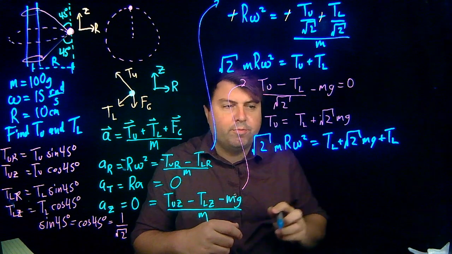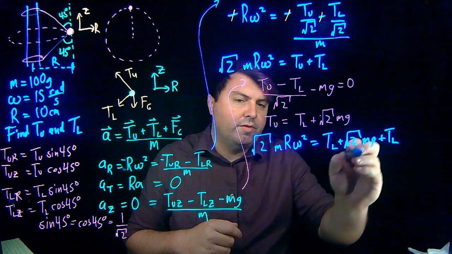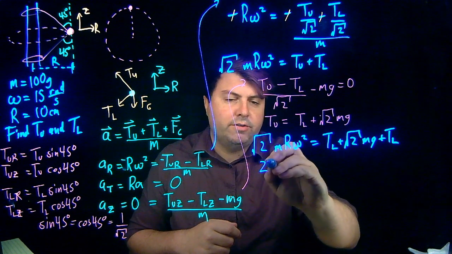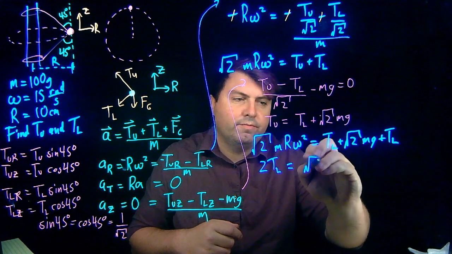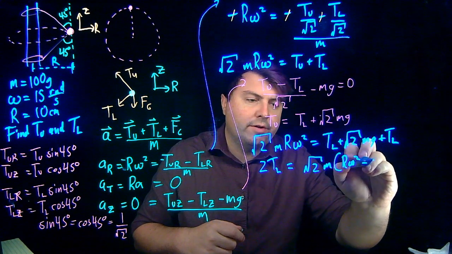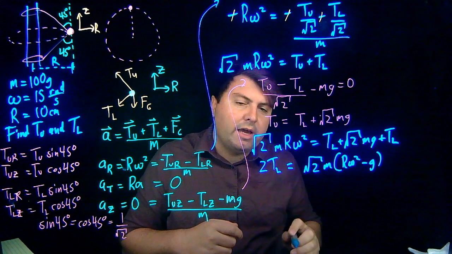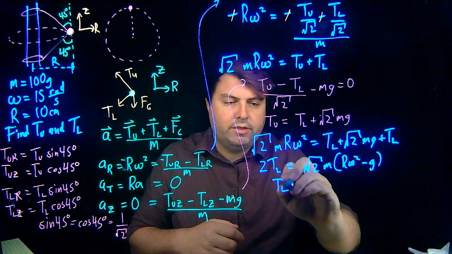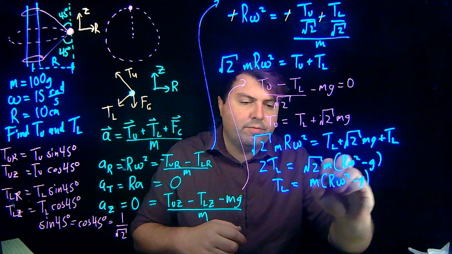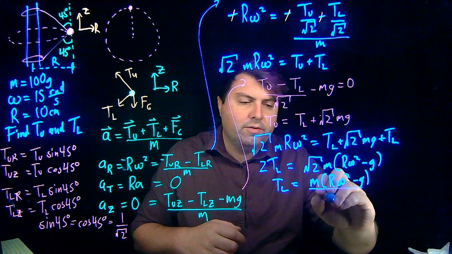I can move the square root of 2 over and combine these two, and so I get 2TL equals square root of 2 m r omega squared minus g. Then dividing by 2, we get TL is m r omega squared minus g over the square root of 2.